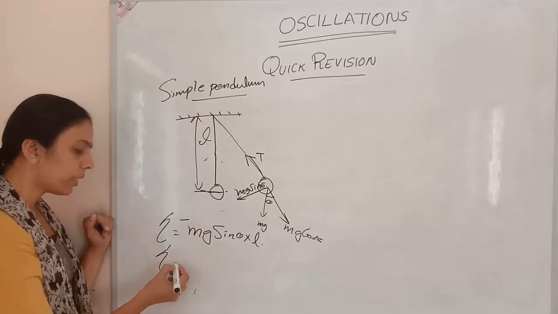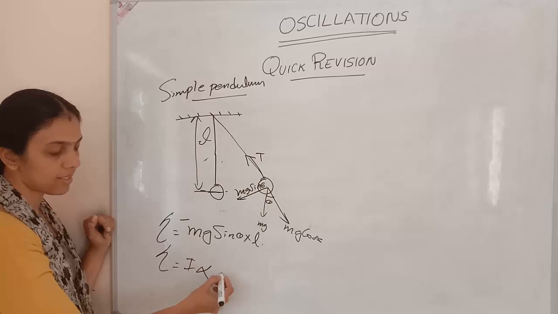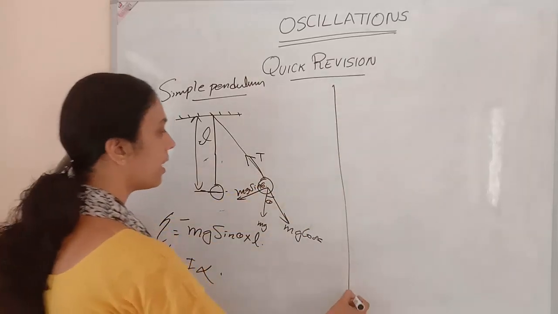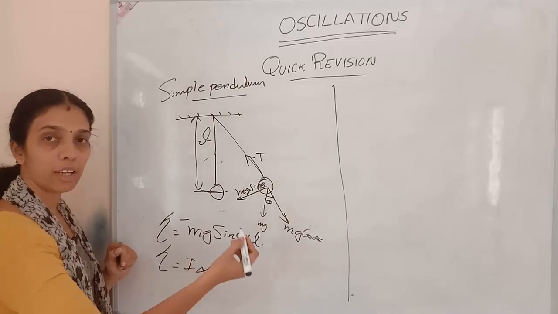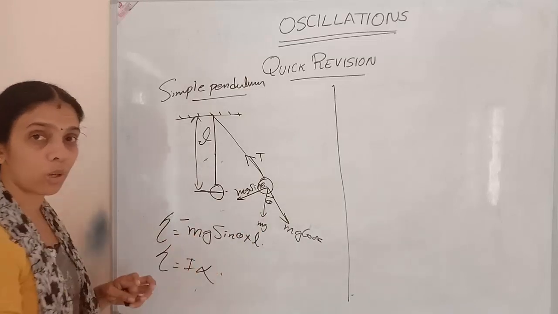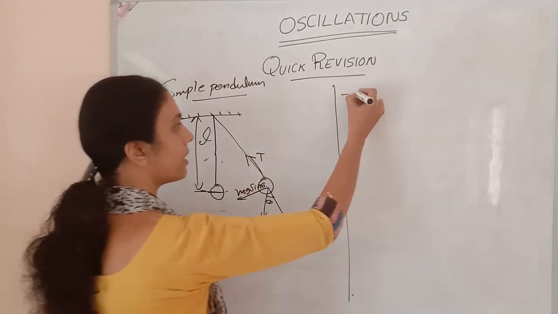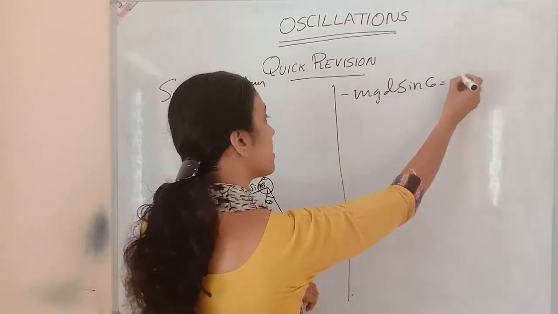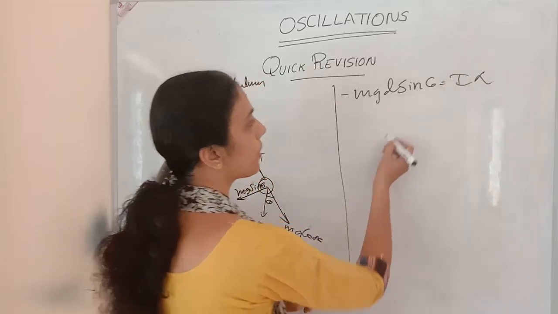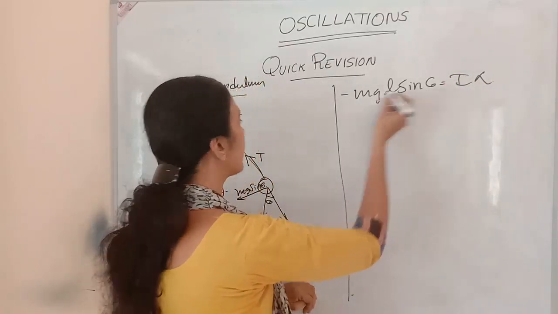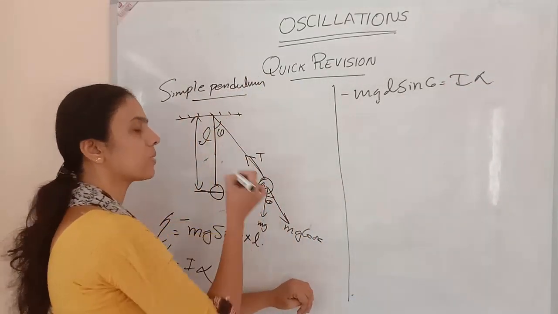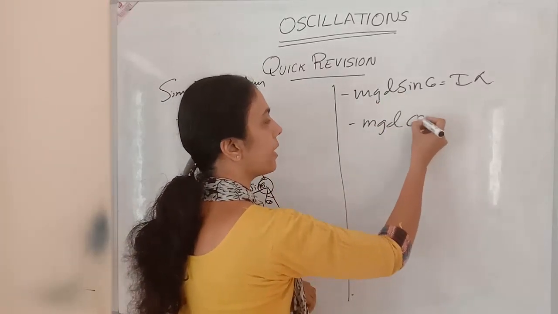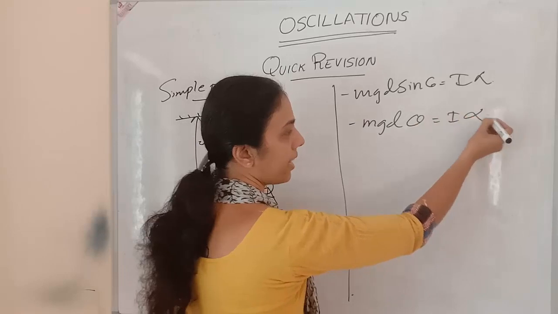Next, torque equals I alpha, this also we know. Since both are torque, we can equate them, substituting the value of I. This derivation I have already given you. Minus mgL sin theta equals I alpha. Since theta is very small, we can consider sin theta nearly equal to theta, so minus mgL theta equals I alpha.